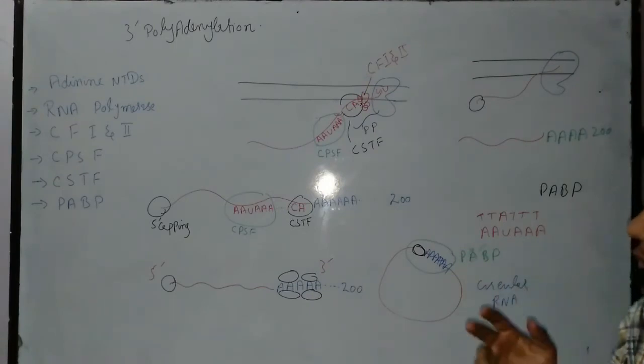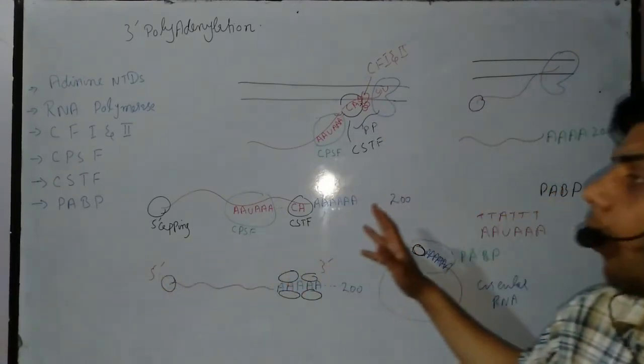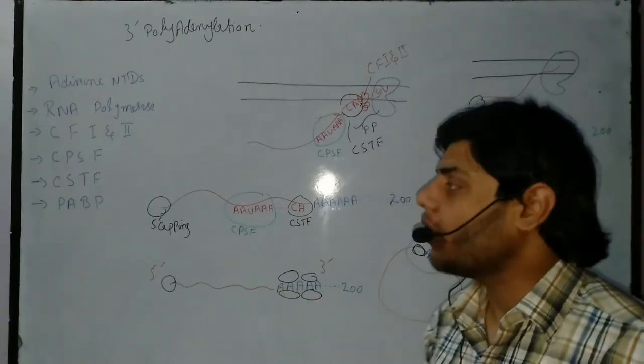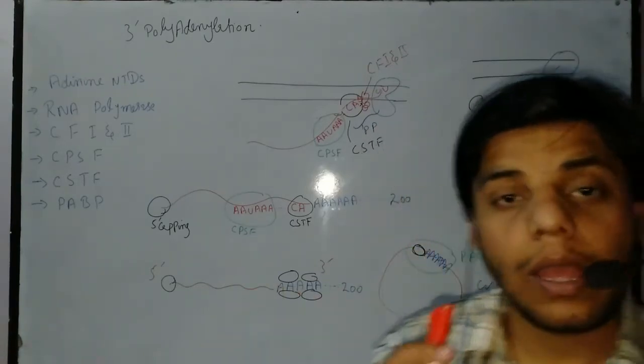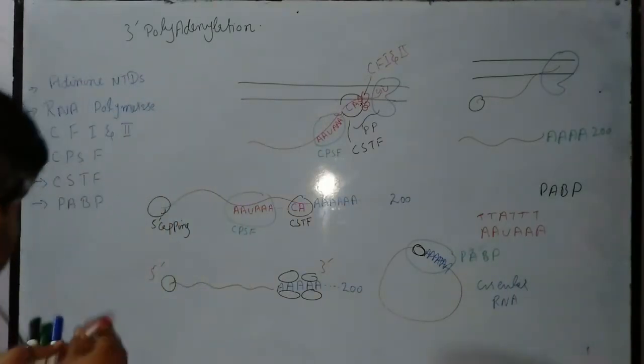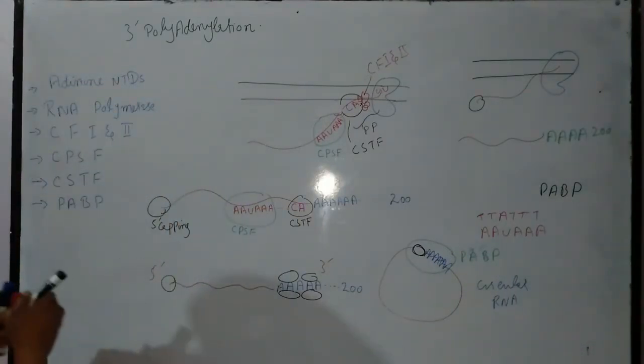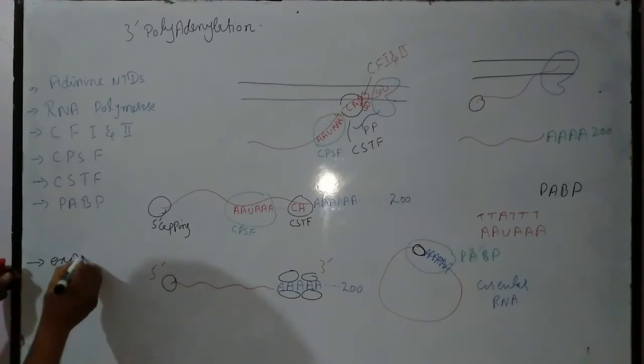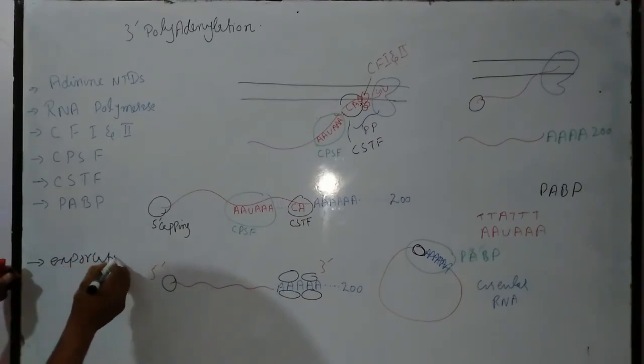So now, why is this 3' polyadenylation important? The 3' polyadenylation is important for the exportation of this mRNA. What does it mean?